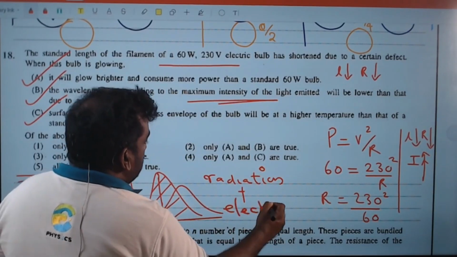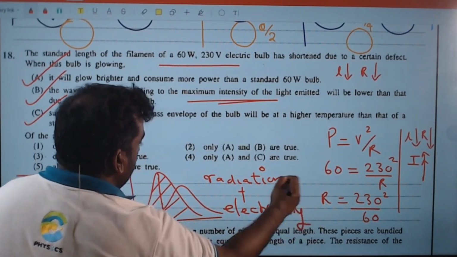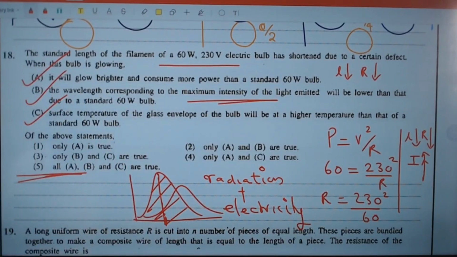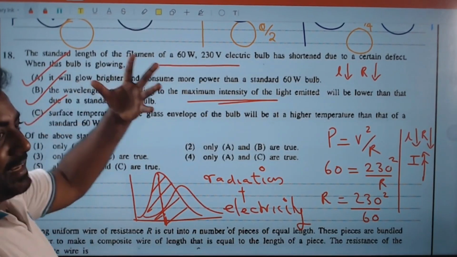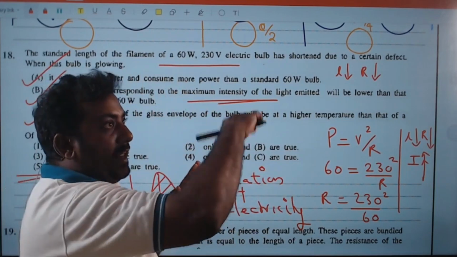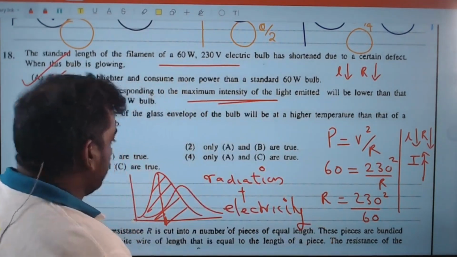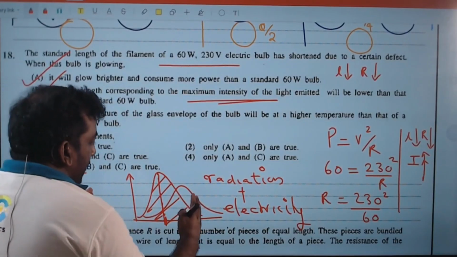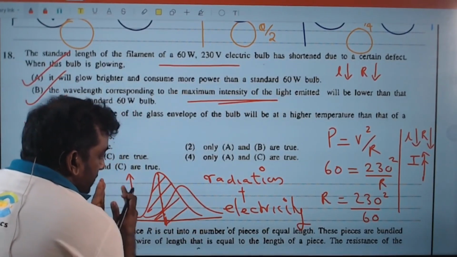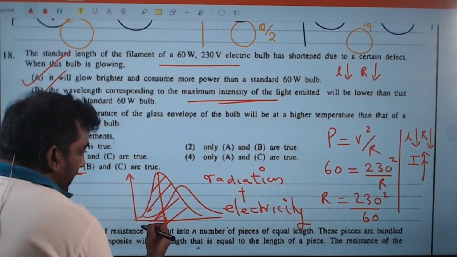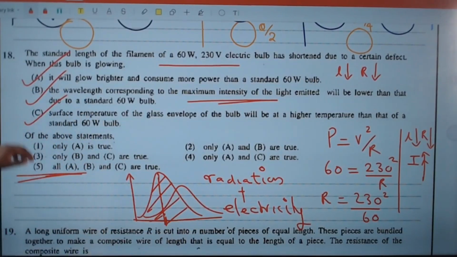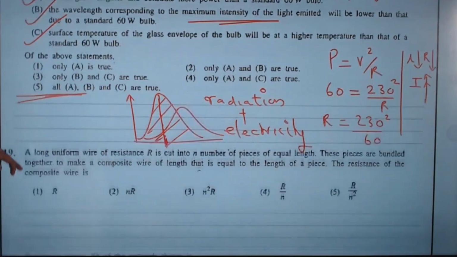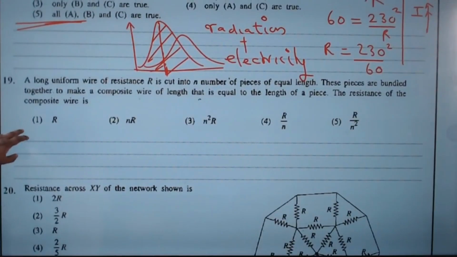So when intensity increases, the area of the curve will increase. Area increases means it gets closer. The wavelength reduces. That means temperature will increase according to Stefan's law.